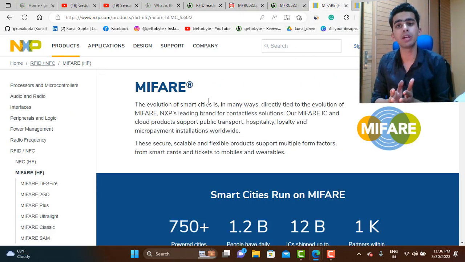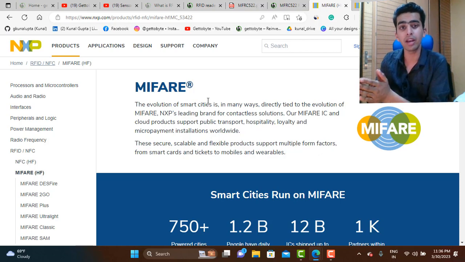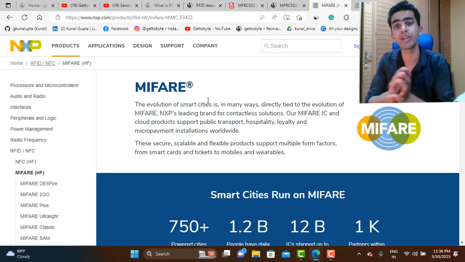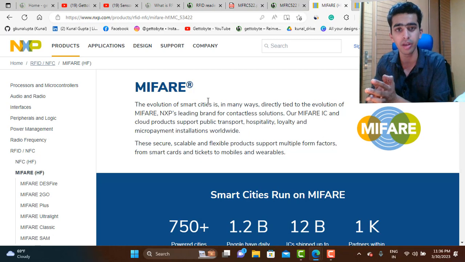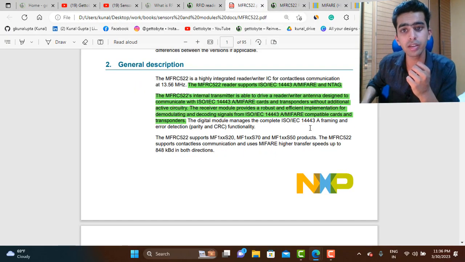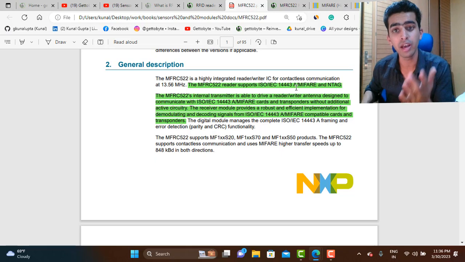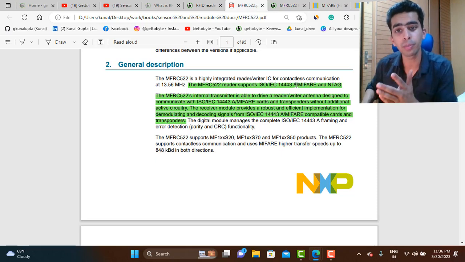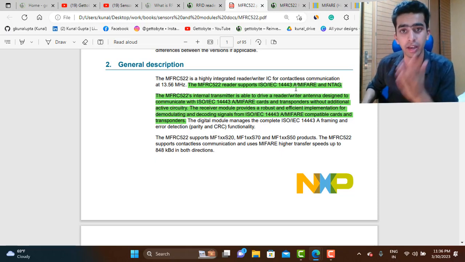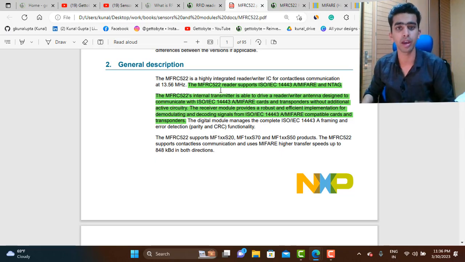NXP has named its tag family the MIFARE family of NXP RFID tags. So this statement means that MFRC522 supports the ISO14443 protocol and also the MIFARE/NTAG based RFID tags which the MFRC522 reader is going to scan.